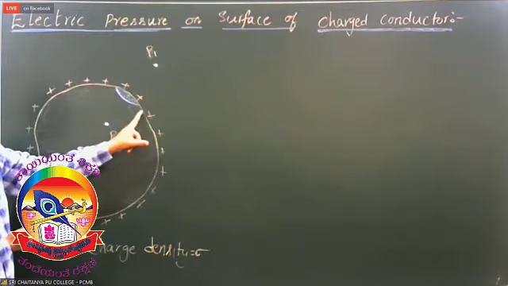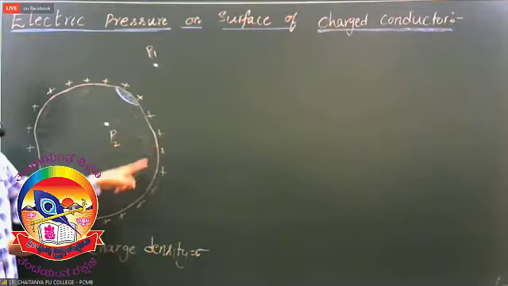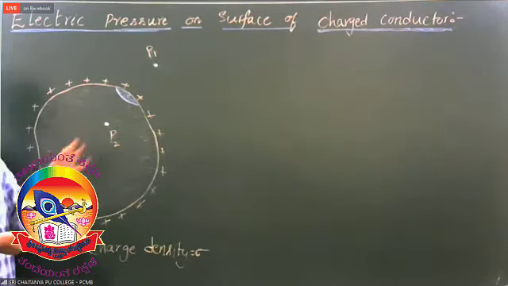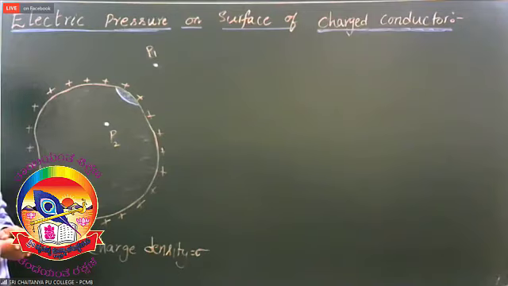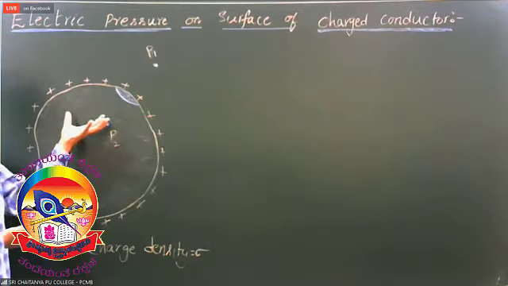If I assume one more element here, it also experiences the same repulsive force. So each and every element on the conductor experiences a repulsive force, right? Due to that, its size increases.